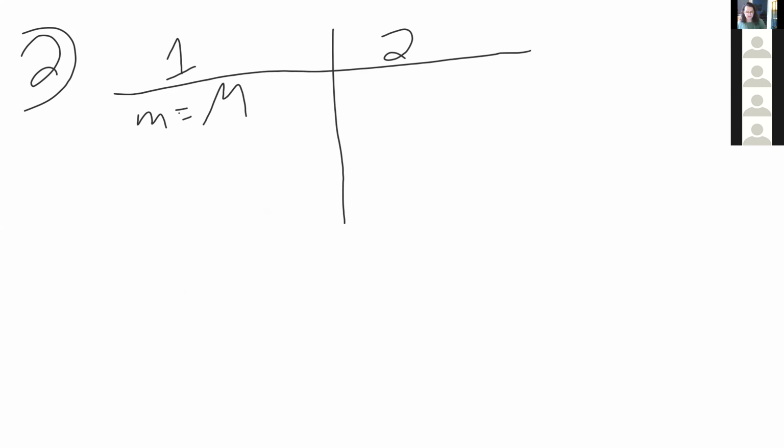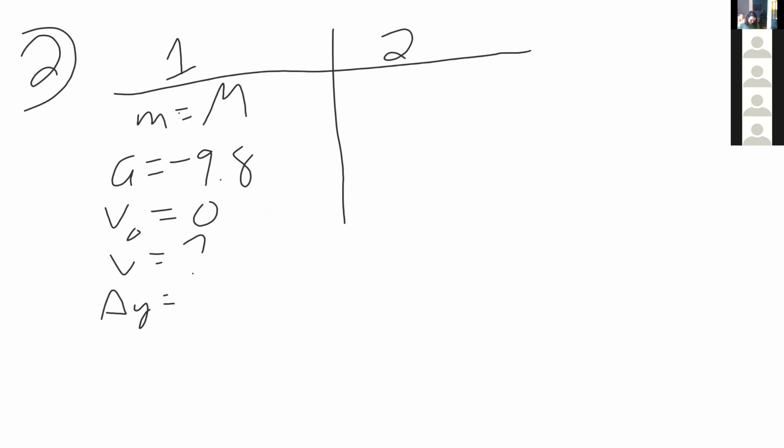And we're going to drop this stone. So we're going to do motion with this stone. It's dropped, which means that, first of all, our acceleration is negative 9.8. Our initial velocity, since we're dropped, is 0. We don't know the final velocity. We don't know the delta y. And we don't know the time.